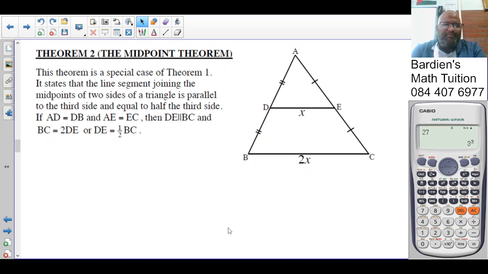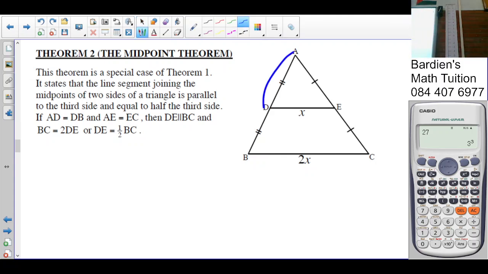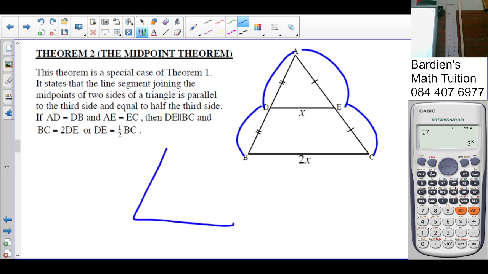We are told if AD is equal to BD and AE is equal to EC. Or if you look at it this way, if you had taken triangle ABC, and you took the midpoint D of AB and the midpoint E of AC, and you connect that.